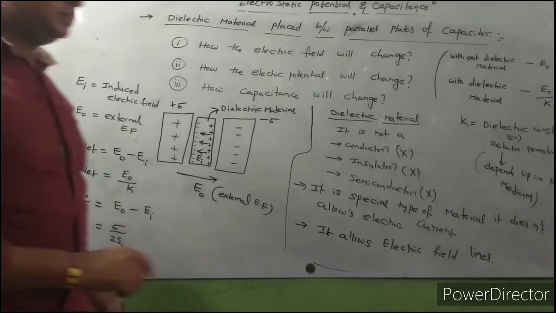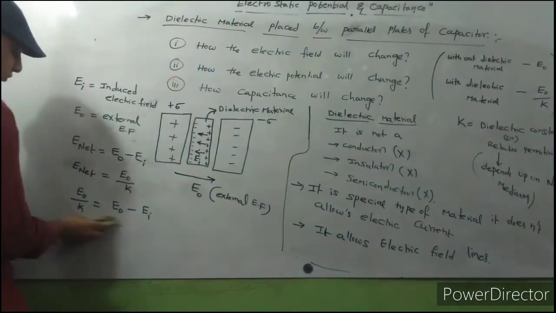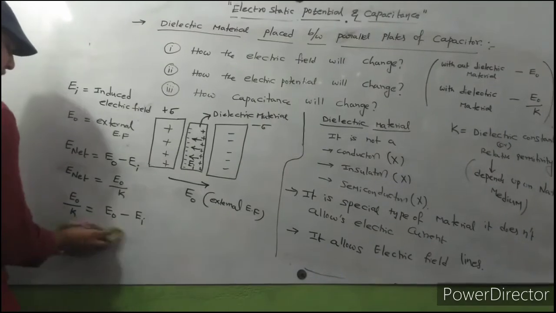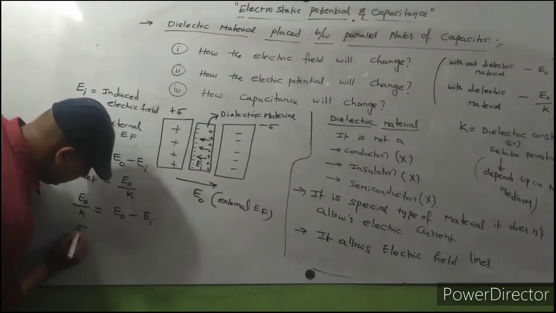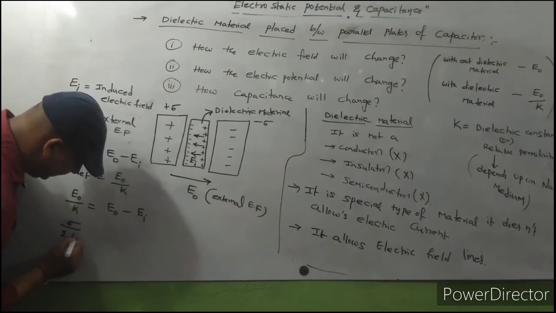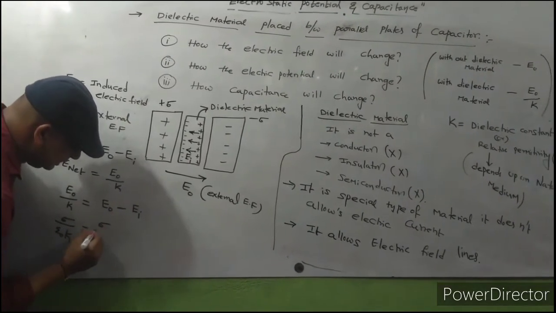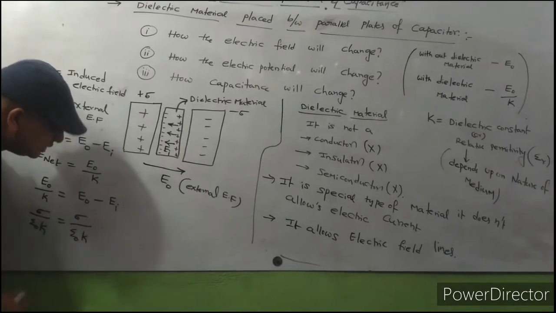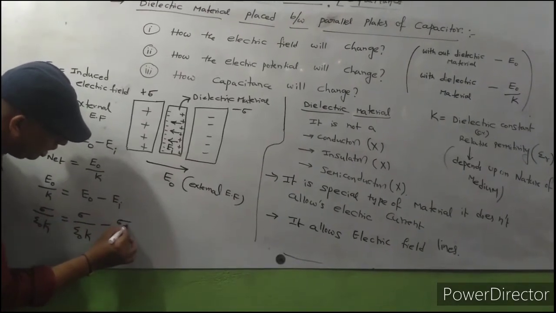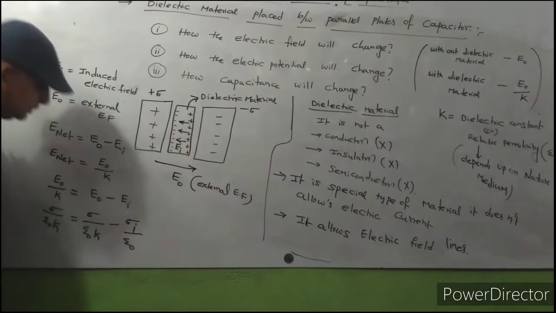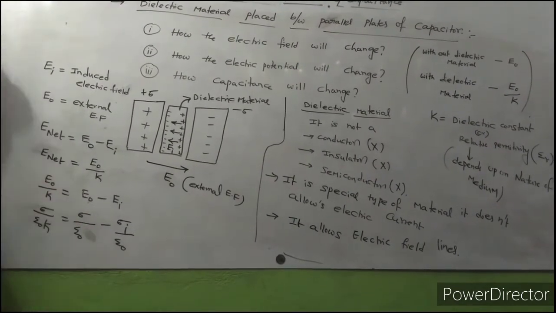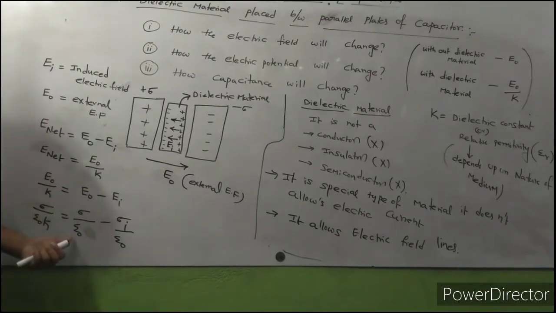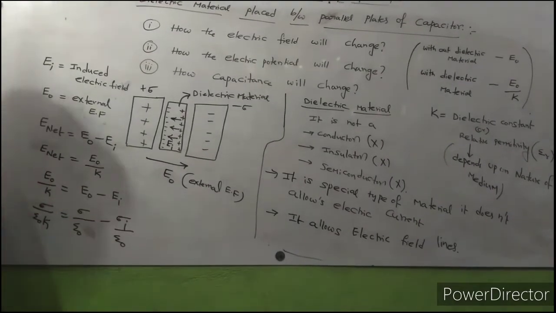Wait, a small change here. The net electric field between the plates, E naught by K, is sigma by epsilon naught into K. This is equal to sigma by epsilon naught minus sigma I by epsilon naught.